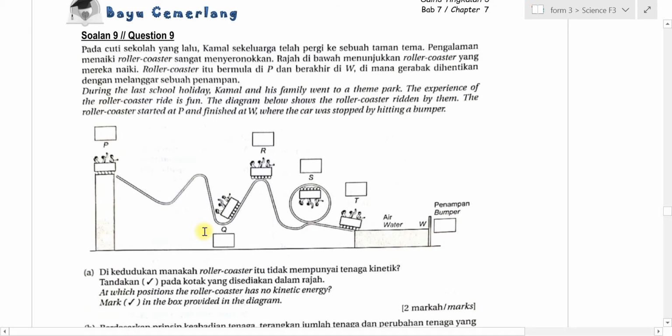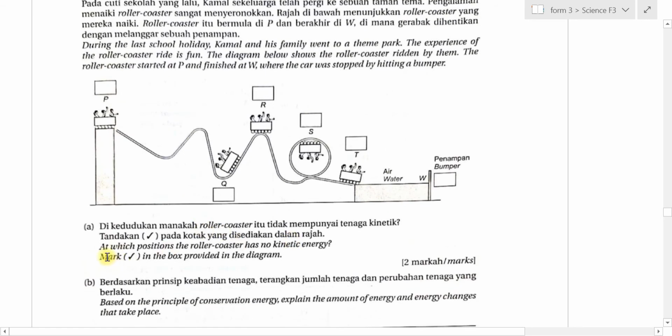Now, mark a tick in the box provided in the diagram. At which position does the roller coaster have no kinetic energy? Your kinetic energy is equal to 0 when your potential energy is at the maximum. This is what I teach according to the textbook.